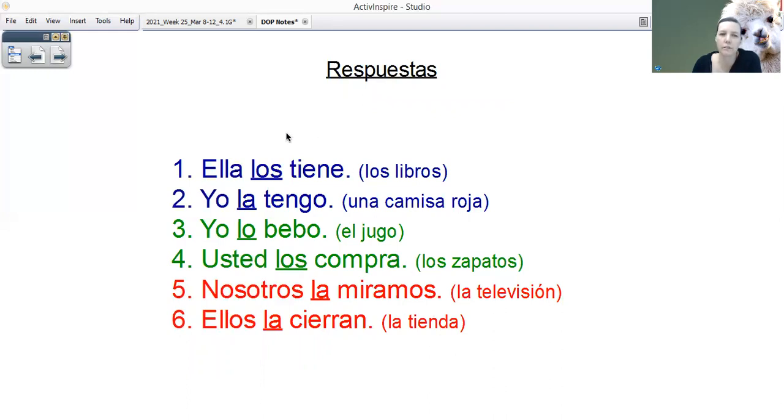Remember, we've learned that before. So ella los tiene. She has the books. Ella los tiene, or she has them, right? Yo la tengo, I have it. Talking about a red shirt, I have it. Yo lo bebo, I drink it. Talking about a jugo.